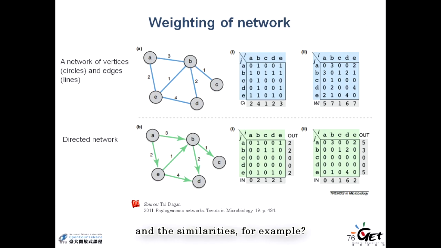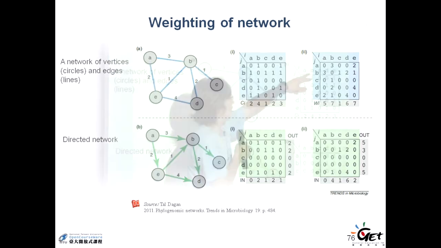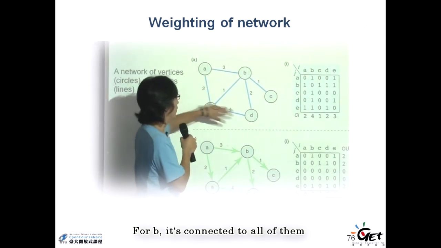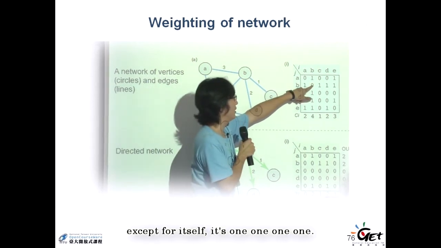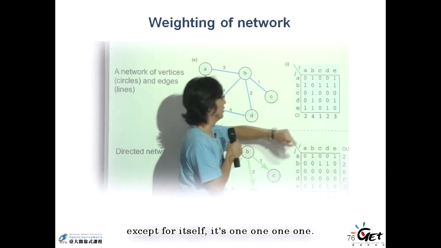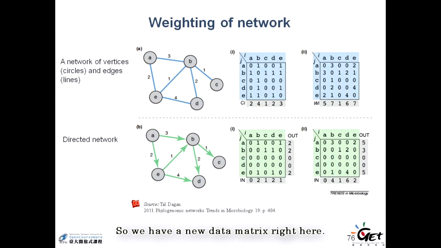For example, right here, A has similarities to B and E, but not C and D. So you can make a data matrix like A to B and E with 1, and to C and D are 0. For B, it's connected to all 4 of them, so except for itself, it's 1, 1, 1, 1. So we have a new data matrix right here that basically tells you the relationship or the similarity among those things.